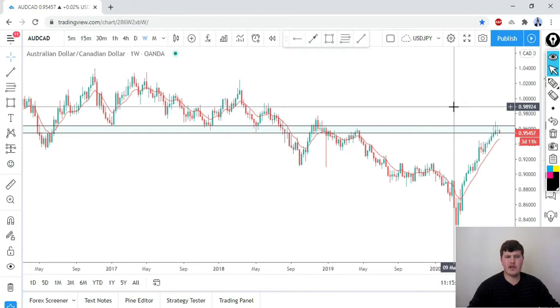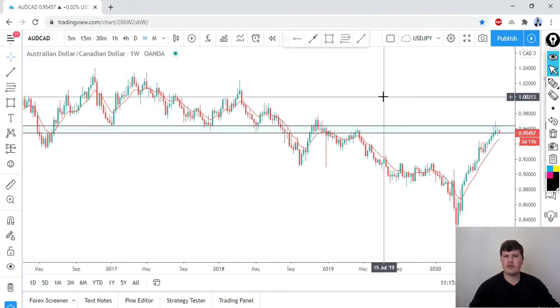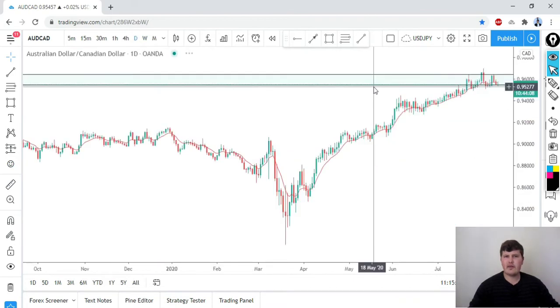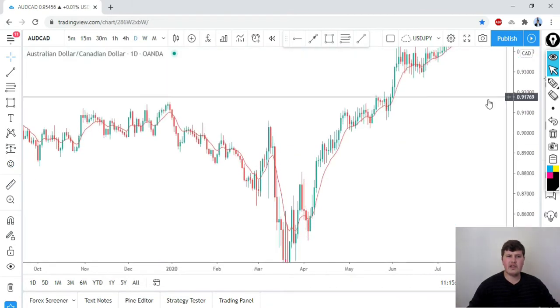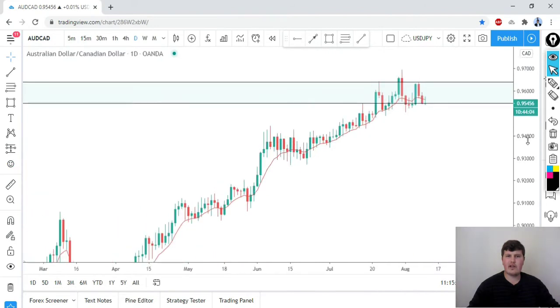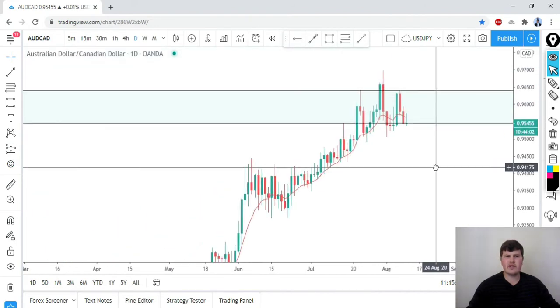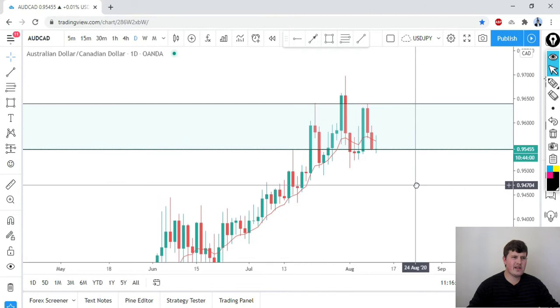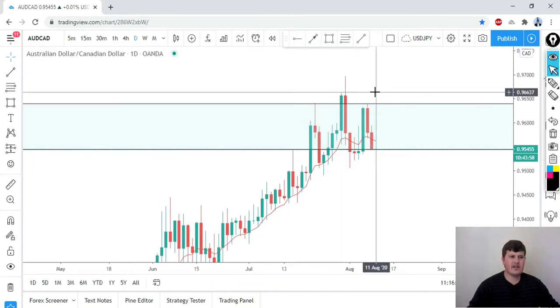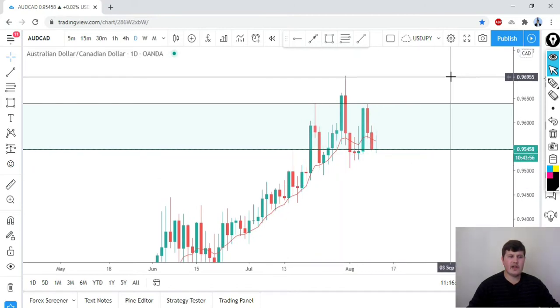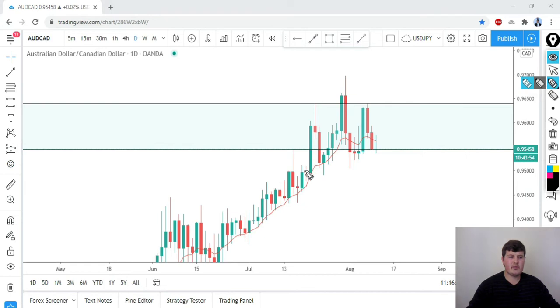Now I know that price is at this very strong support and resistance area. I'm going to go to a daily time frame now to get a better idea of what is going on at this support and resistance area. As you can see, price has tested this area a number of times. Price aggressively came into this area, and afterwards it was rejected and 2 bearish candlesticks followed.